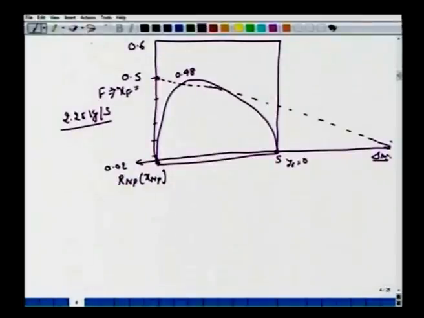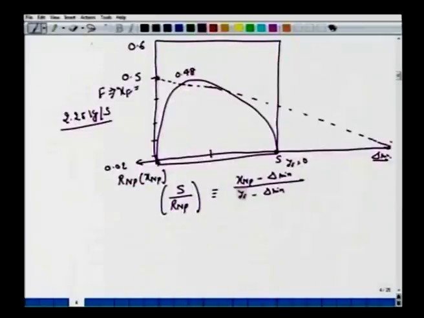So to find the minimum amount S min corresponding to this del min, like in the previous example, we take S over RNP, so the ratio of solvent to the raffinate phase will be equal to XNP dash del min over S del min.